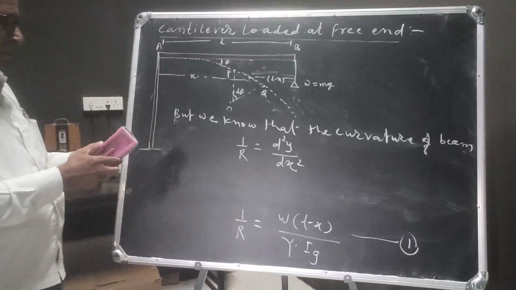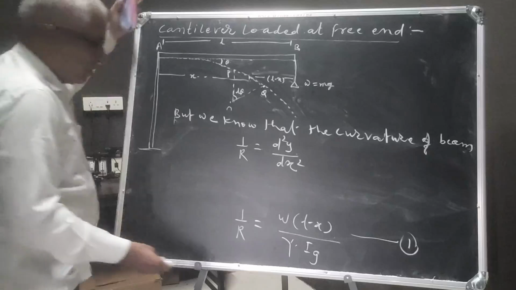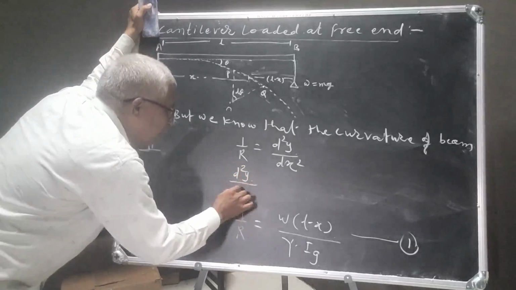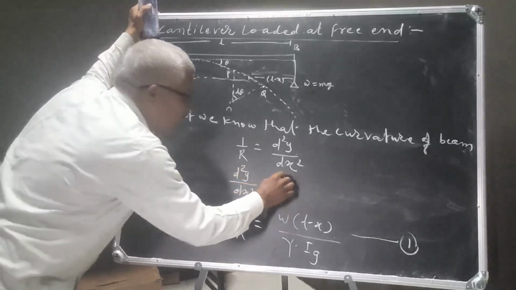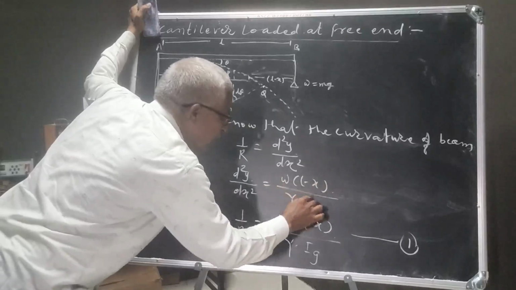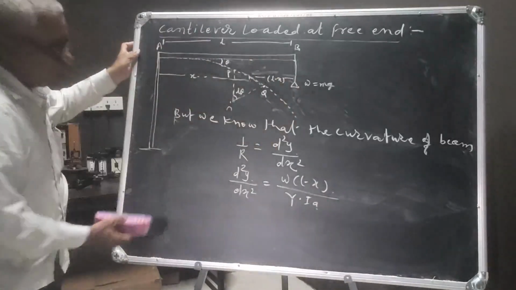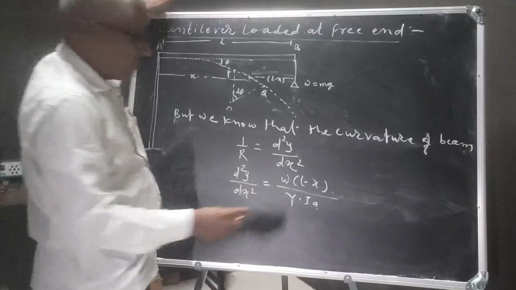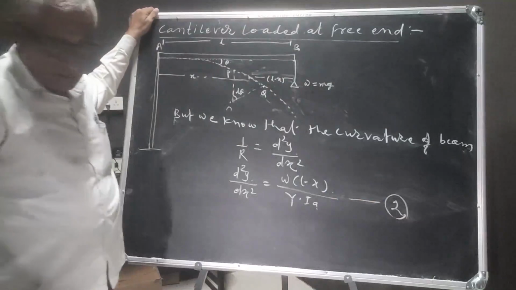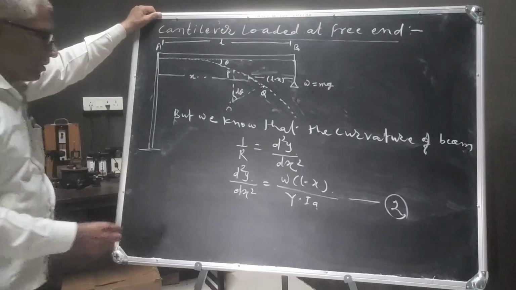Now putting this value of curvature of the beam in equation 1, this equation becomes d2y by dx square equals W into (L minus x) upon Y into I. This is equation number 2. For calculating the depression, we will integrate this equation.